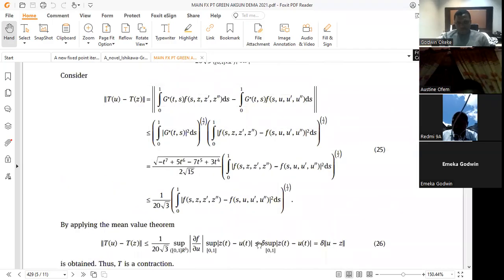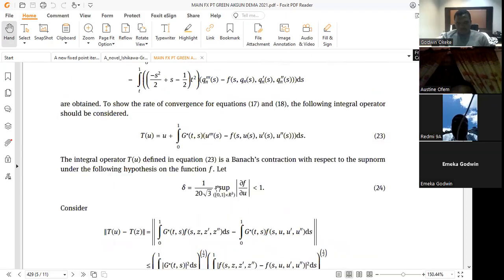Okay, this is 26. As shown here, you now see T of U minus T of Z. They have shown that it is less than or equal to delta norm of U minus Z. And since delta is defined to be less than 1, that is a contraction mapping. So it is the Banach contraction principle, as Dr. Keke said earlier.